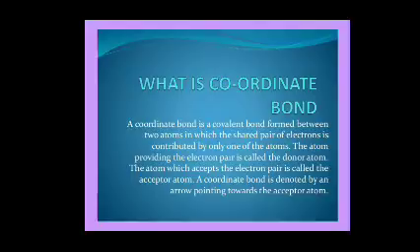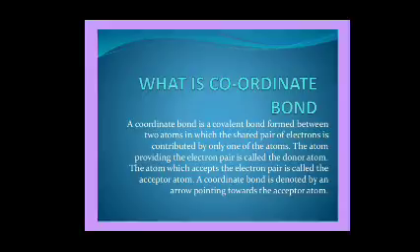A coordinate covalent bond is denoted by an arrow pointing towards the acceptor atom. When two electrons are donated to another atom, they form a covalent bond called a coordinate covalent bond.